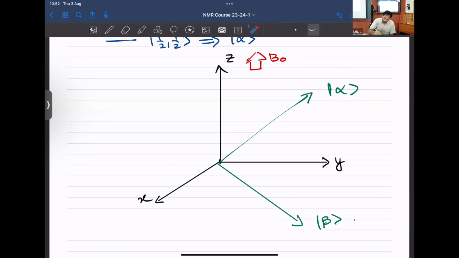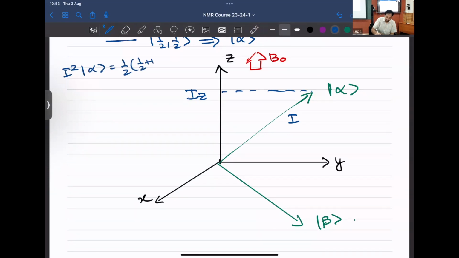Now, what is the length of this vector? That's going to be given by I, correct? And what is the projection of the alpha state? That's going to be given by Iz, right? For spin half, we said I square on the alpha state is going to be given by half into half plus 1, and it'll give back alpha, correct?